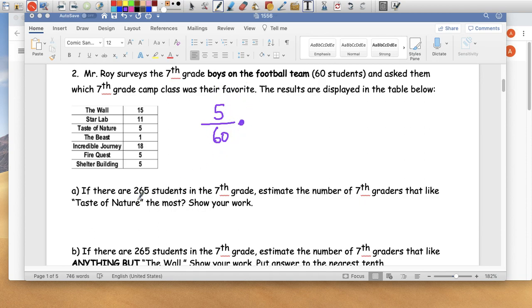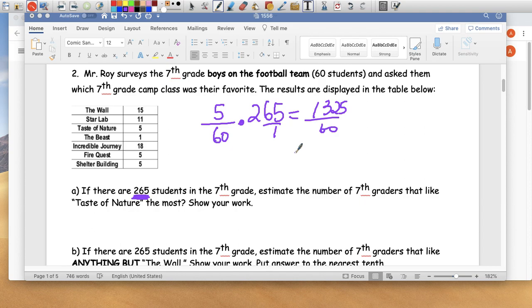If we multiply that by the population, which in this case is 265, we can predict how many of the 265 people would have said that Taste of Nature is their favorite subject. That's simply multiplying. So 5 times 265 equals something divided by 60. I'm going to write this out. We get 1325, over 1.